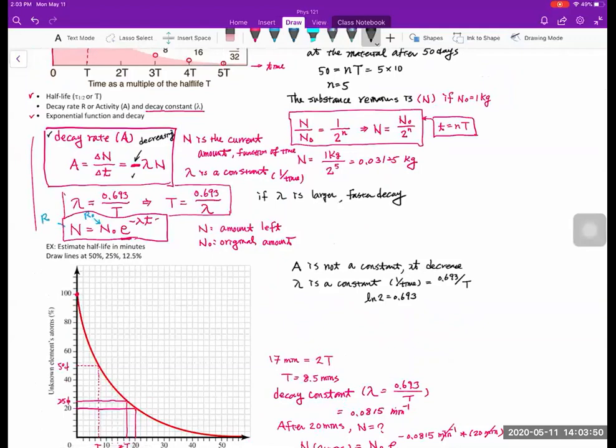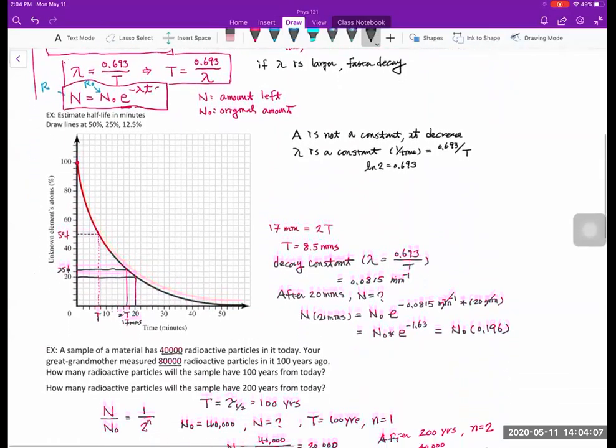The decay rate is the number that they give you. It's like a change of the number over a change of time. So they're giving you the decay rate, and for the decay rate, they give you that equation, A equals minus lambda N. Let's write this down.